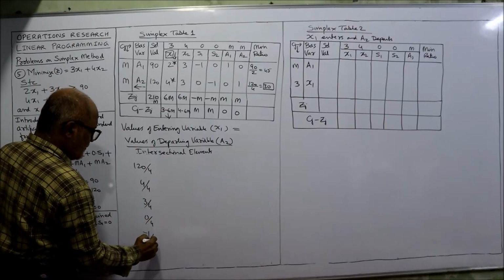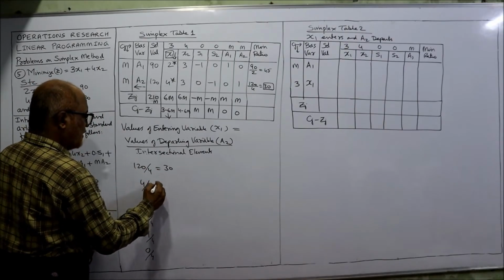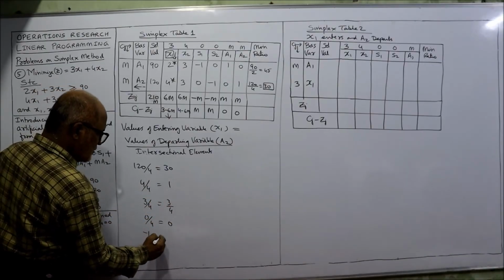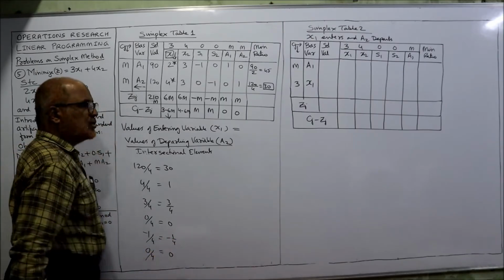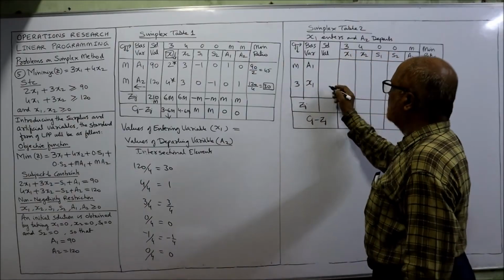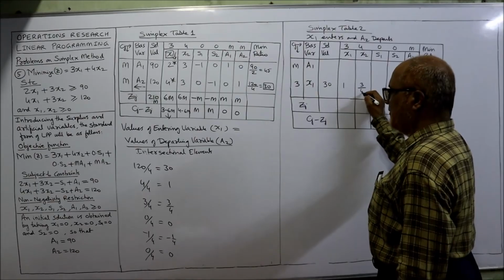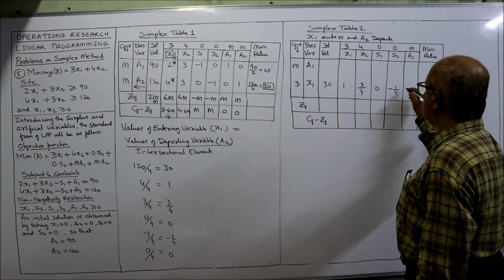We are taking 4. 120 divided by 4 is 30. 4 by 4 is 1. This 3 by 4. This is 0. This is minus 1 by 4. This is 0. These are the values of the entering variable x1. So the values are 30, 1, 3 by 4, 0, minus 1 by 4 and 0.